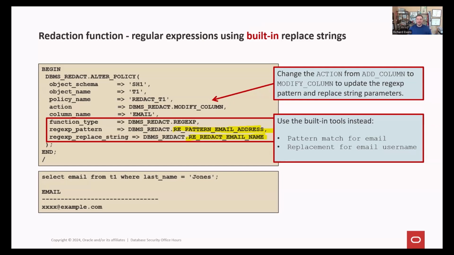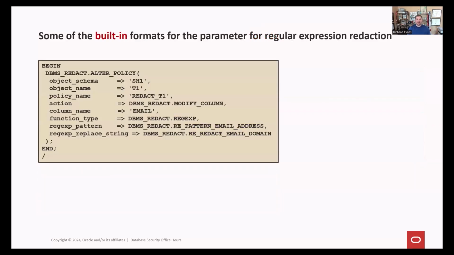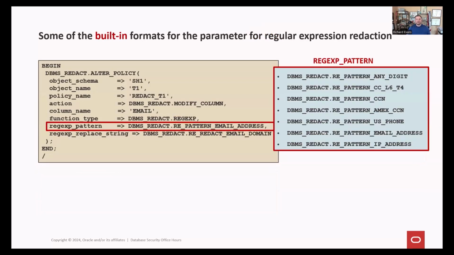Okay. And if you're working with data other than email addresses, you can choose the pattern to be any digits, credit cards, credit card numbers, Amex, phone numbers, email addresses, IP addresses. Those are the built-in patterns. And I believe there's a few more if you take a look at the 23ai documentation.